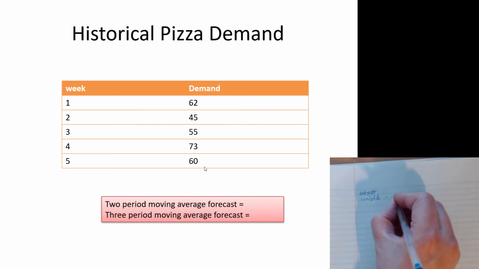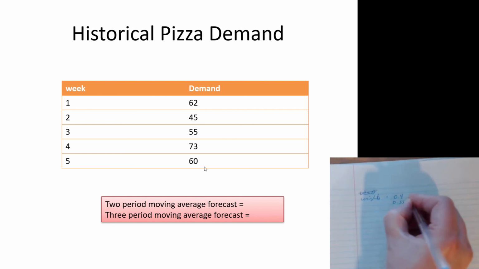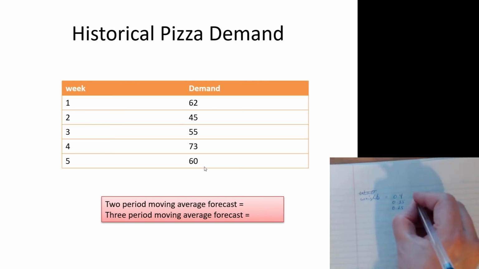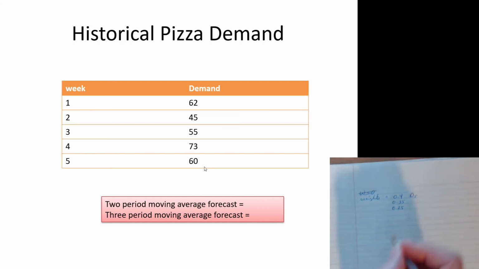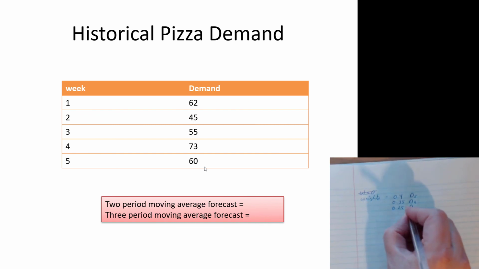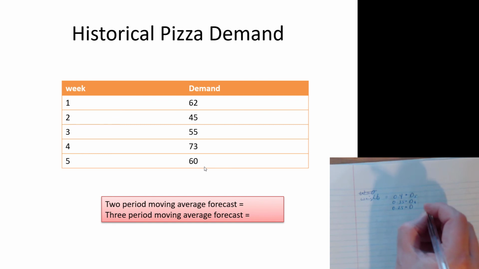We start off with the weights of 0.4, 0.35, and 0.25. When it says start with the most recent observation, that means that weight 0.4 will be applied to the demand for period 5, the weight 0.35 would be applied to the demand for period 4, and the weight for period 3 would be 0.25.